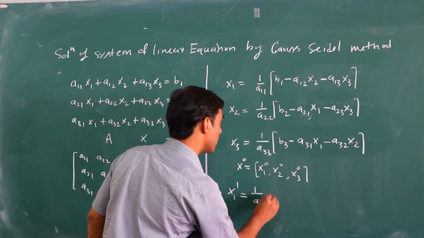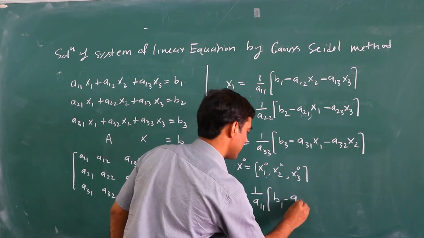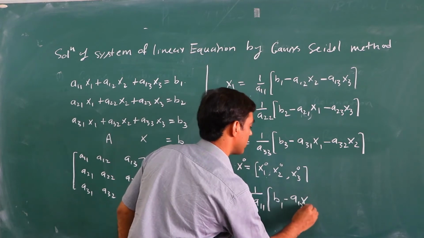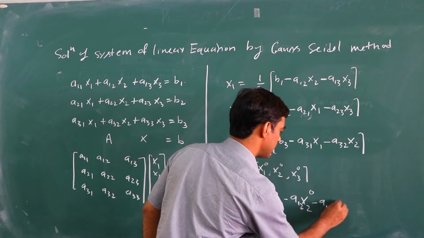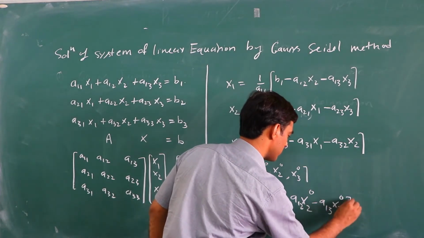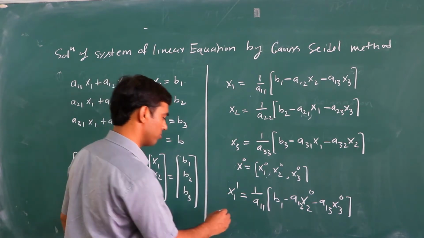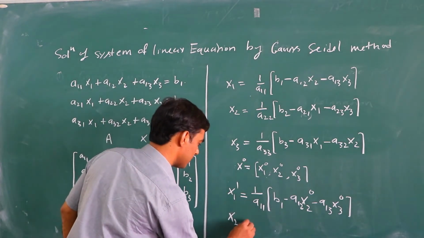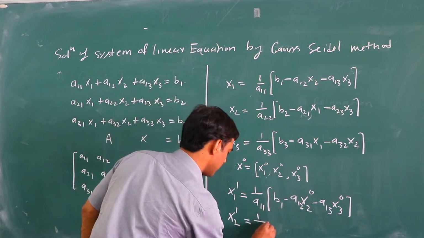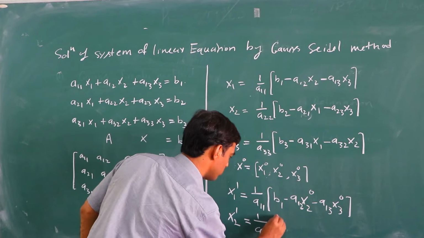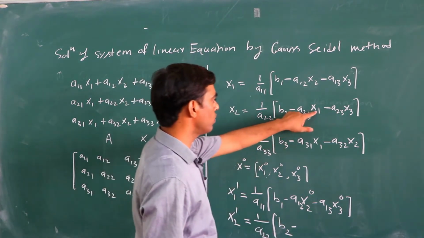So here we write x11 equal 1 upon a11 times v1 minus a12 x20 minus a13 x30. Now, to find the value of x2, we write x21 equal 1 upon a22 times v2 minus a21 x1.